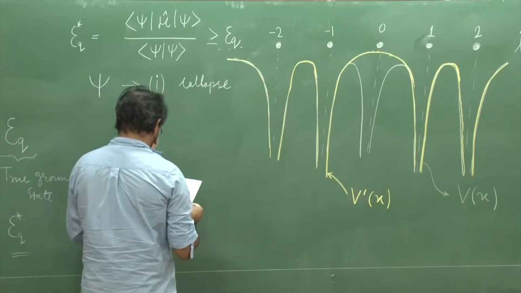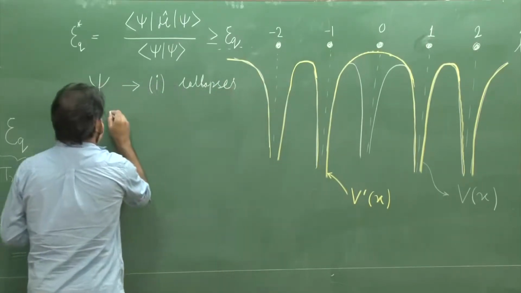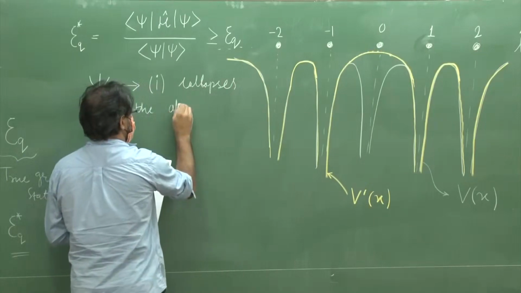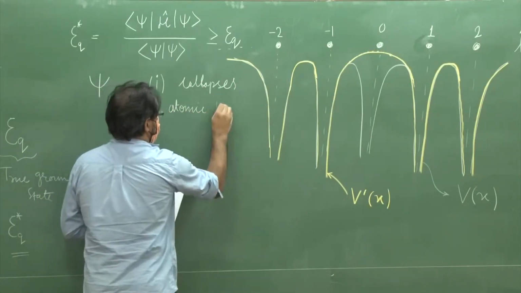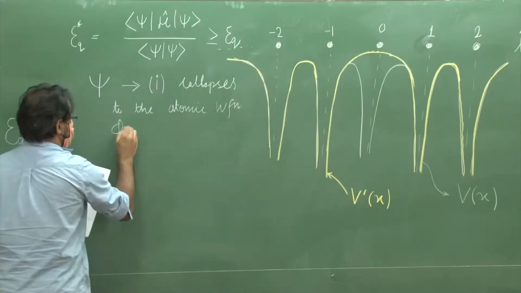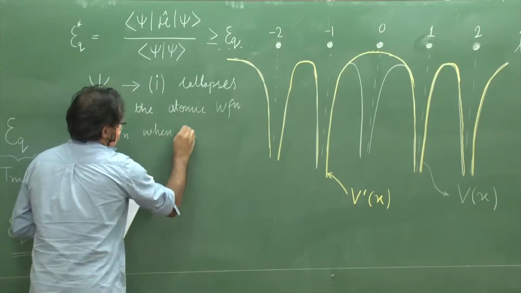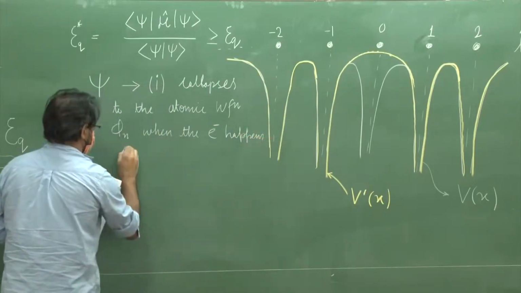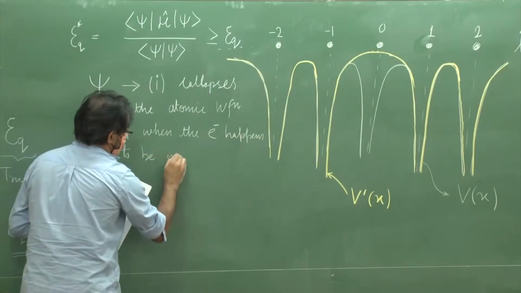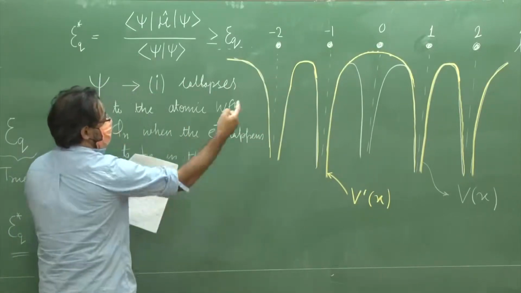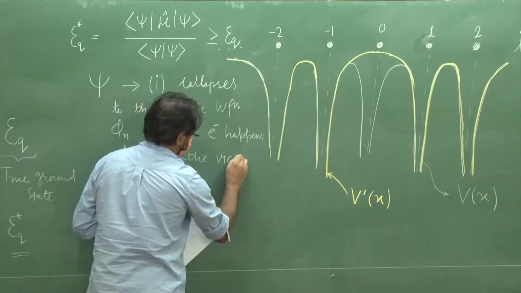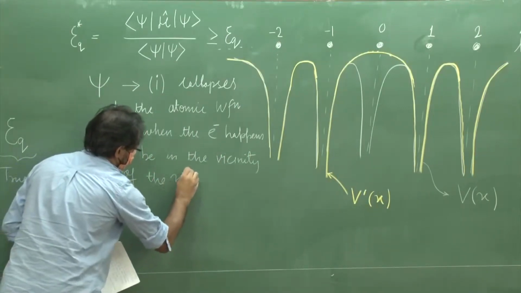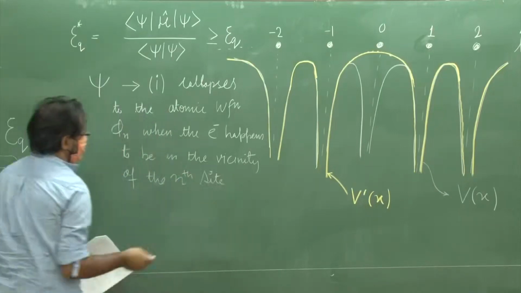Collapses to the atomic wave function phi n when the electron happens to be in the vicinity or in the close proximity of the nth site. That's point one.